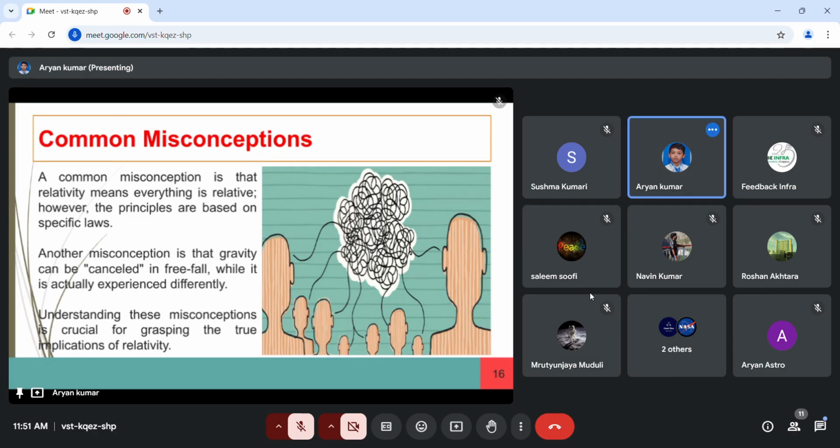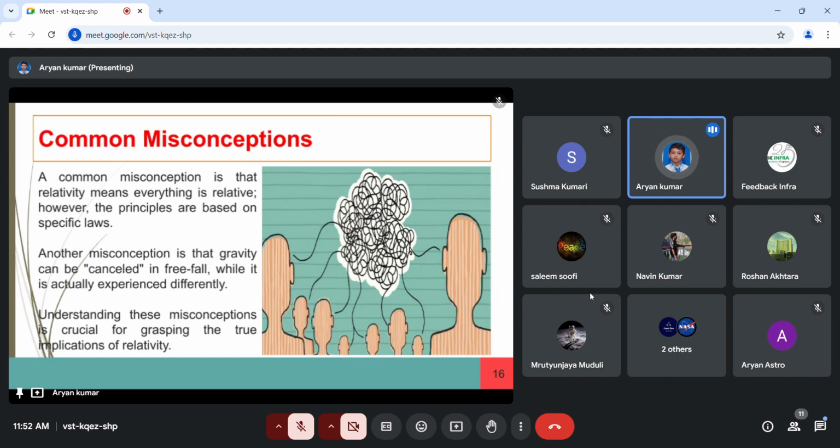Nothing can reach the speed of light. Actually, it's impossible for an object with mass to reach the speed of light, but it is possible to approach it. Like you can go at 99.999% the speed of light, but you will never reach it.